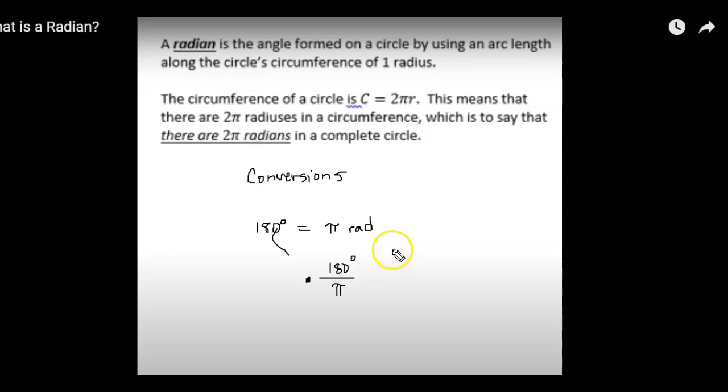So this is how I want to convert from radians to degrees. Now, if I happen to have degrees and I want to convert them to radians, then I want to multiply by pi over 180 because, again, the degrees will cancel out and it will leave me with the radians. So this is going to be from degrees to radians.